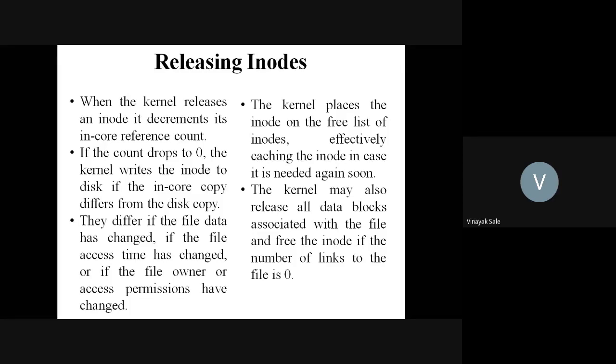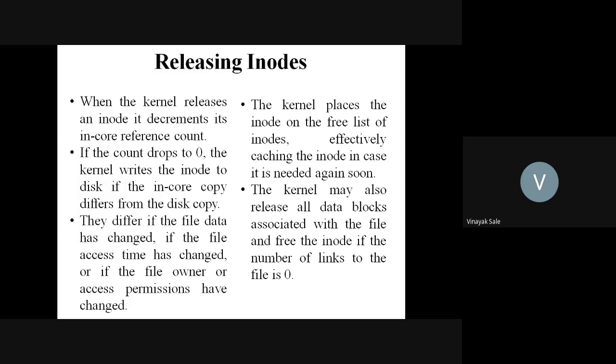When the kernel releases the inode, it determines its in-core reference count. If the count drops to 0, the kernel writes the inode to disk if the in-core copy differs from the disk copy.